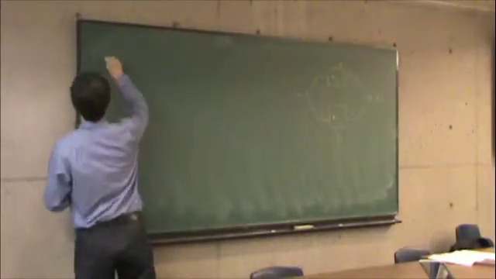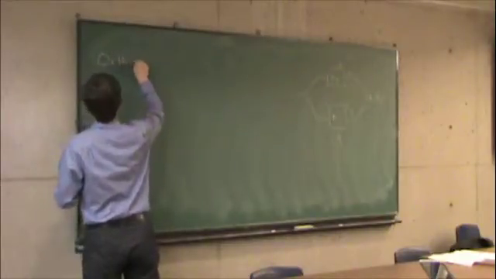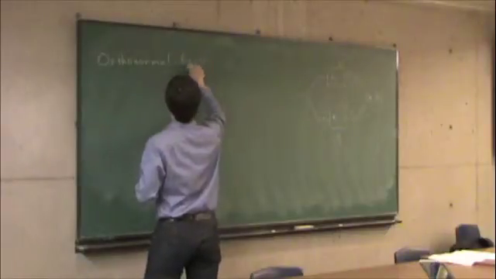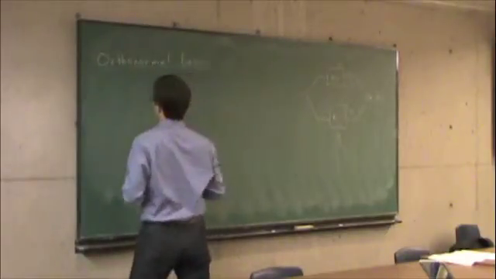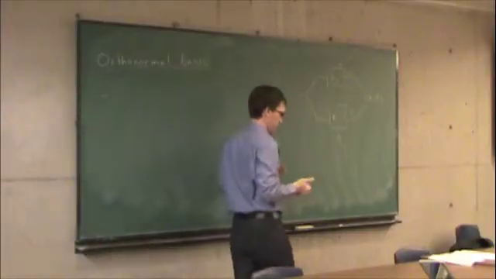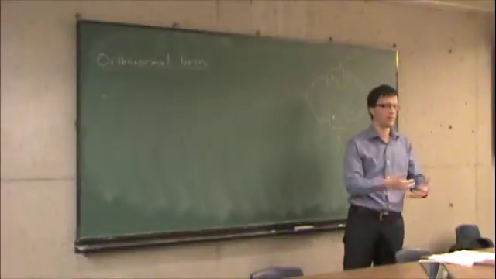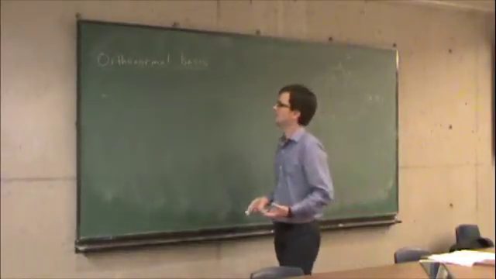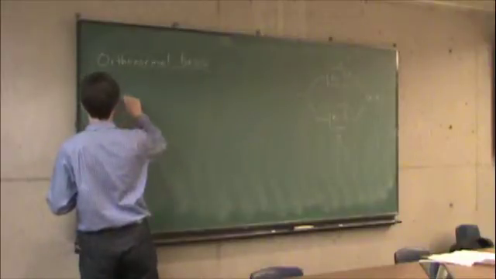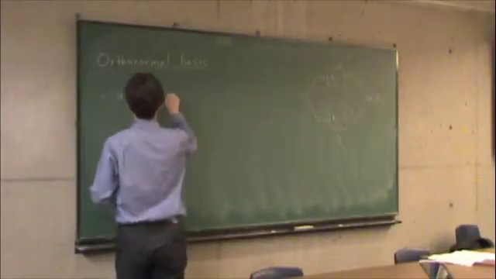One is called an orthonormal basis. Remember, a vector space needs a basis. The basis is the set of vectors that describe everything in the vector space. An orthonormal basis has the following property. Let's say U and V are basis vectors.